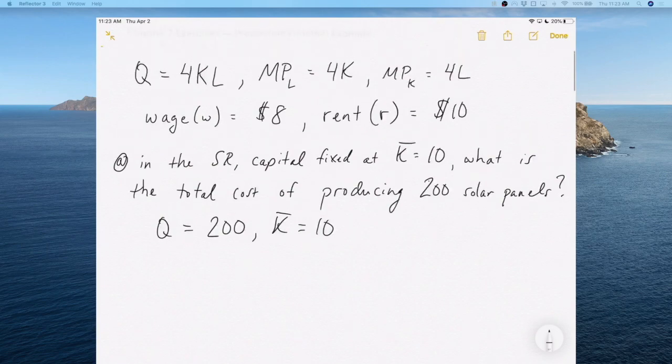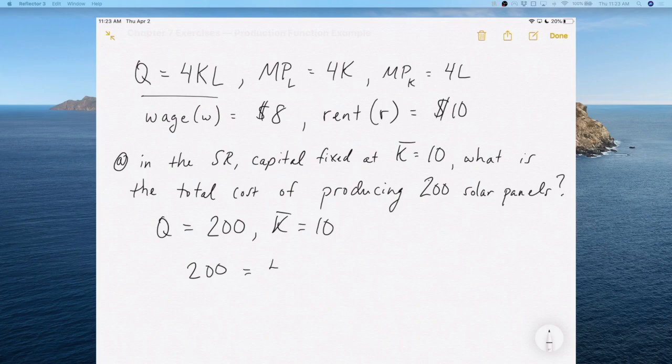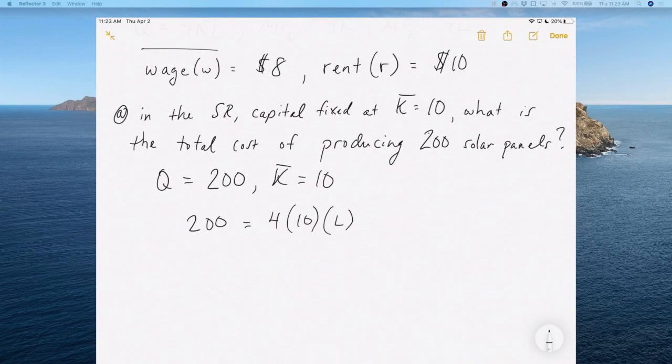So in our production function up here, we can substitute 200 equals 4 times 10 times L. That'll let us solve for L. So we can just do some simple algebra. 200 equals 40L, and L equals 5. We're not quite done yet though. That just tells us how much labor we're using.